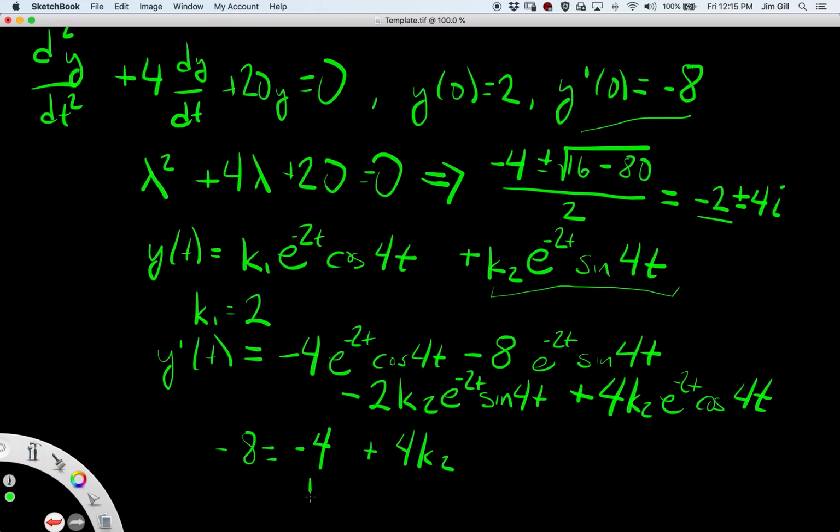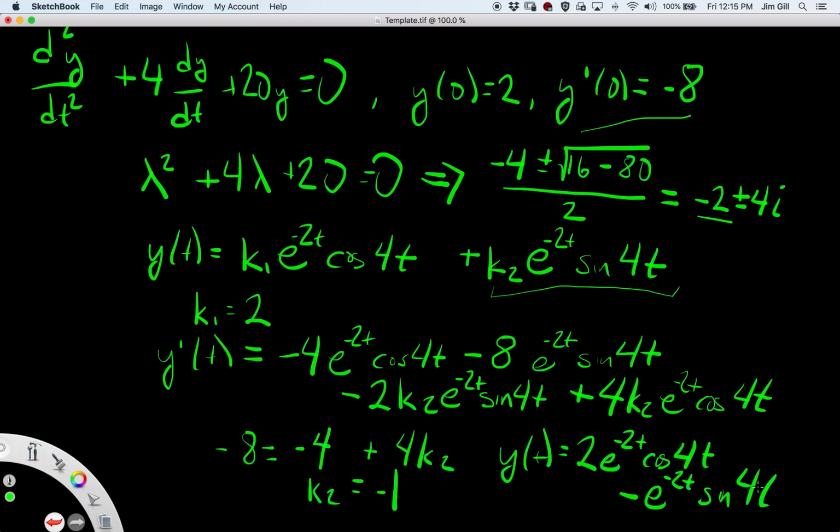So that means k2 must be equal to negative 1. So we have our solution. y of t is equal to 2 e to the negative 2t cosine 4t minus e to the negative 2t sine 4t. Okay, so that's our second problem. And let's do one more.